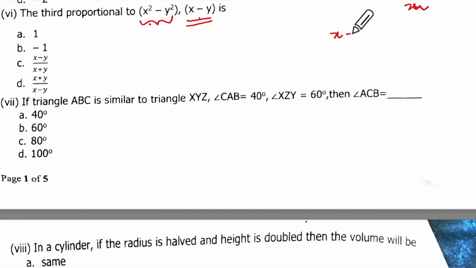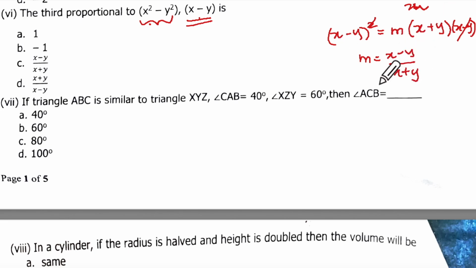So mean square means x minus y whole square is equal to m into bracket x square minus y square. I will write like this. Is that fine? So this one bracket got cancelled. And what is m equal to? x minus y, and this goes that side means? Okay, C option.